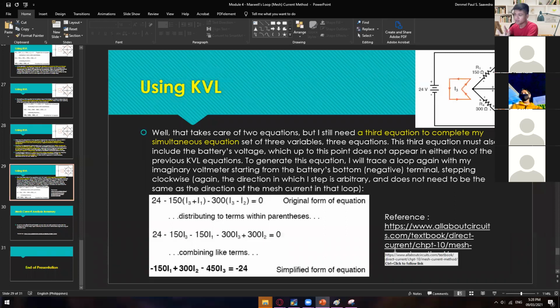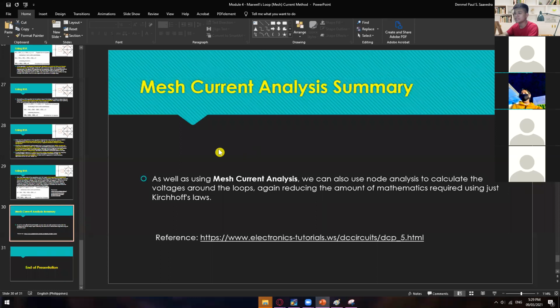And then here's the reference where this came from. Most of the information came from allaboutcircuits.com, so make sure to visit it. I took everything from there, so you will not see any difference, just the layout. This is the mesh current analysis summary.